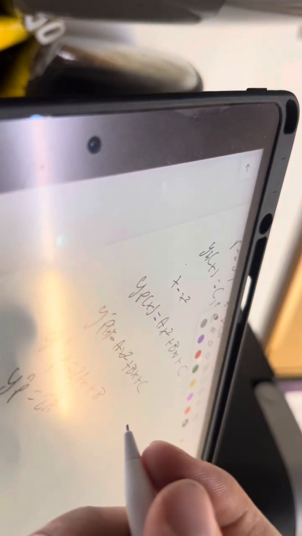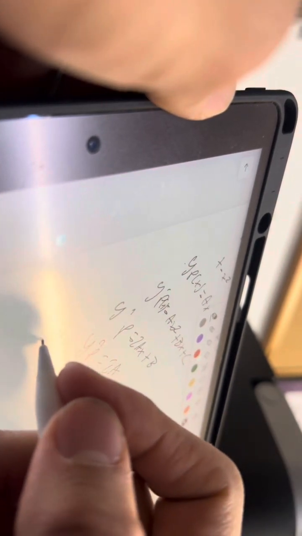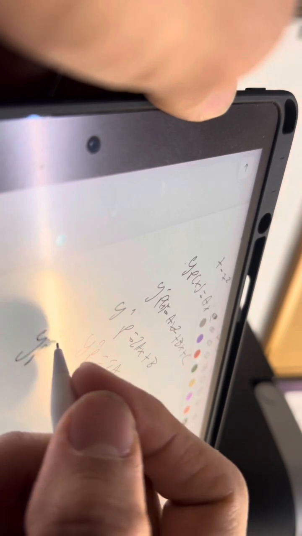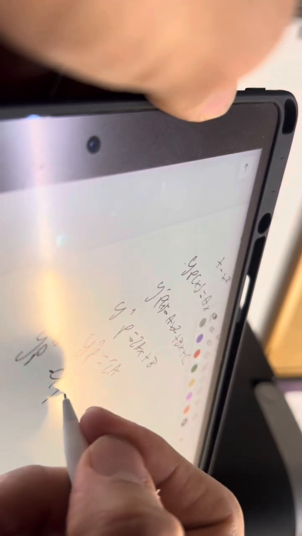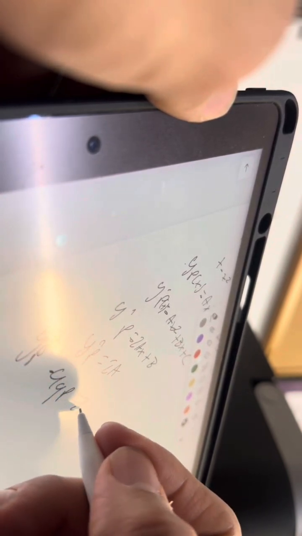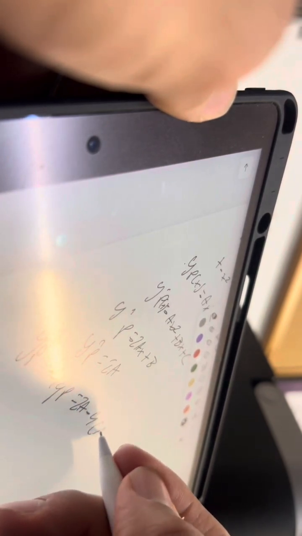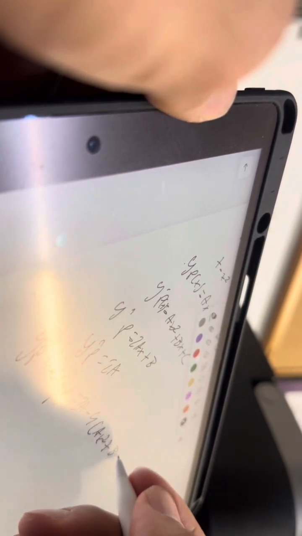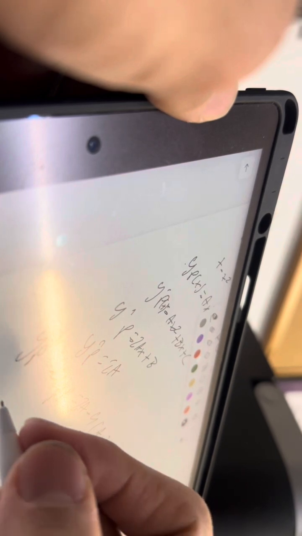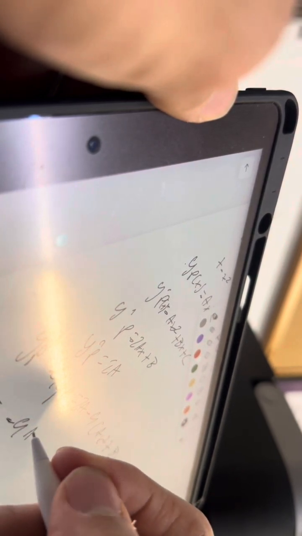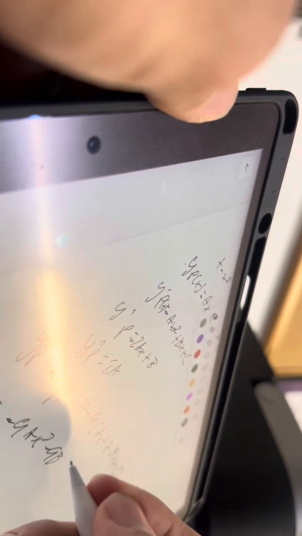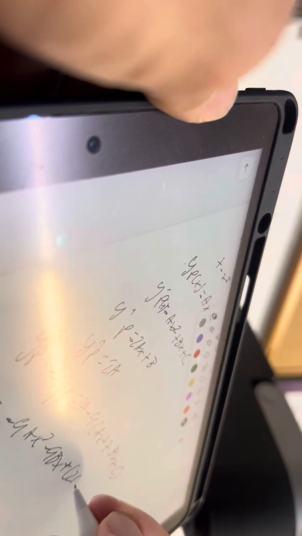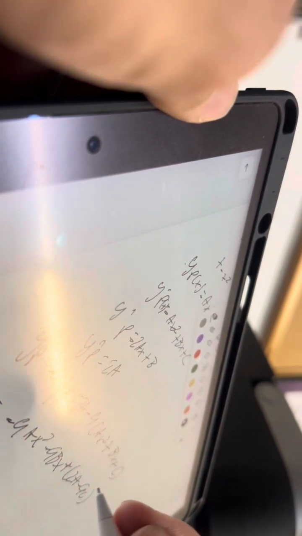Then we're going to plug into the differential equation. So first it's going to be yp'' minus 9yp equals 2a minus 9(ax squared plus bx plus c). Then simplify, it's going to be negative 9ax squared minus 9bx plus 2a minus 9c.